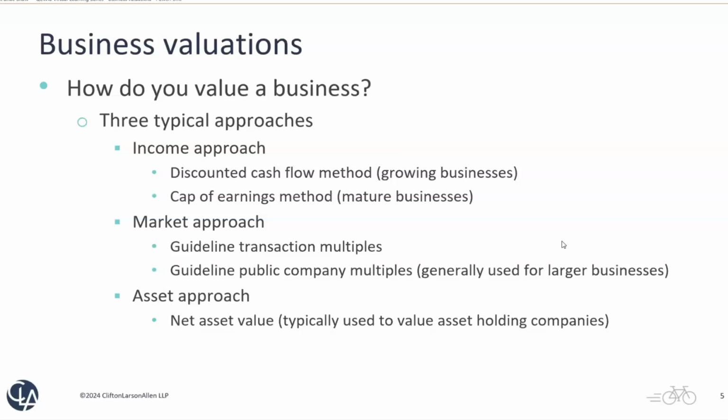Will it be able to generate cash flows for a sustainable period of time? Is it defensible from a legal standpoint? Do you have patents? Do you have copyrights? Do you have other barriers to entry that will help sustain your business's revenues and margins?